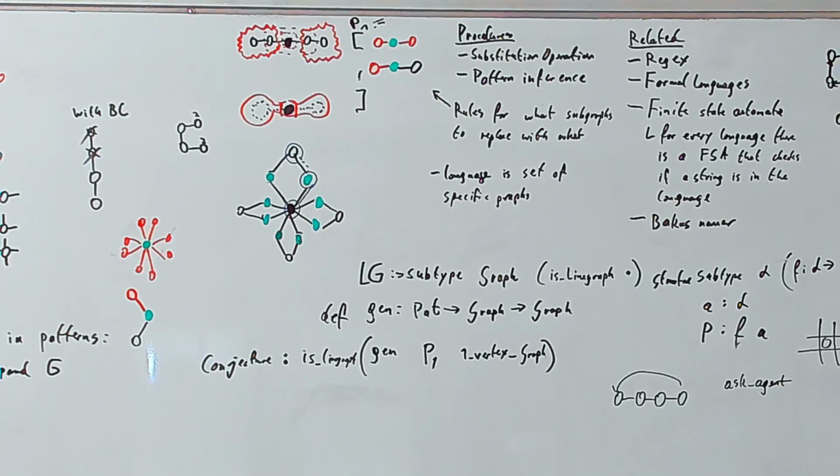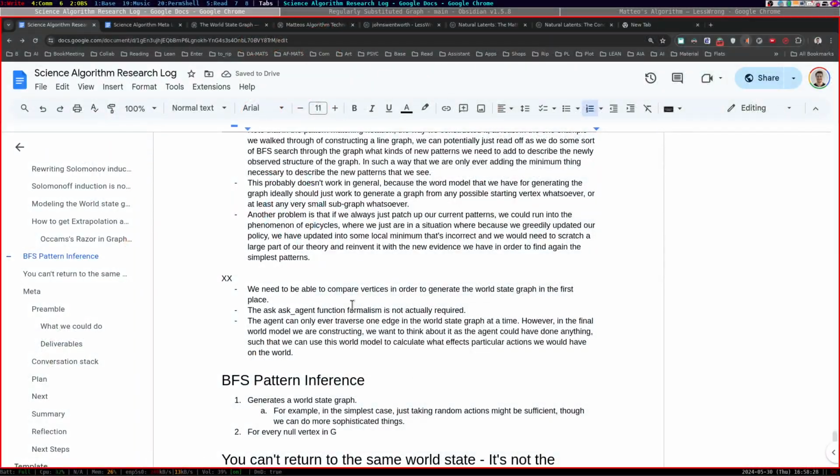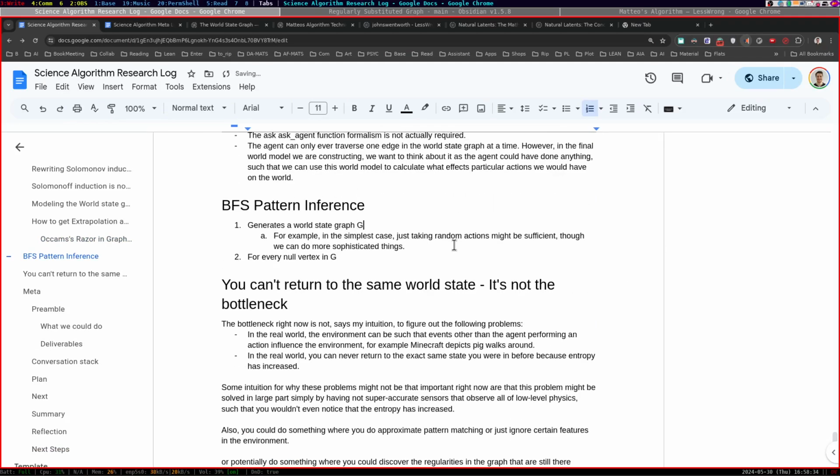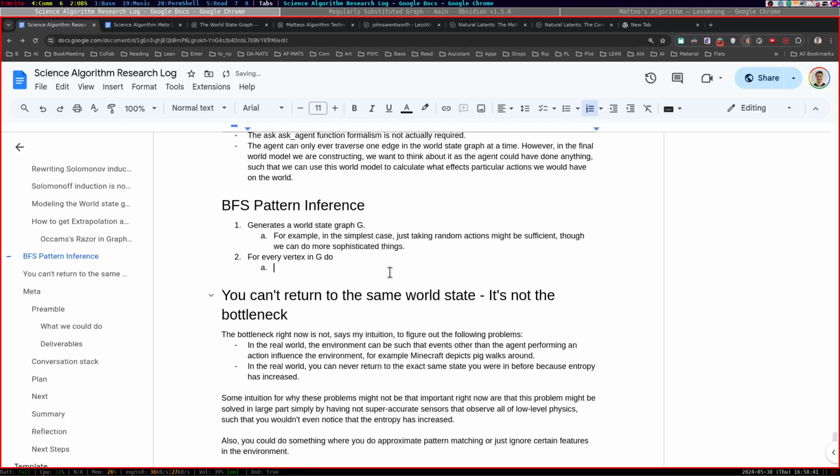Well, how about this procedure? For every vertex in the graph G, I think you also have to know which vertices are partial nodes and which are already complete. Yeah, we blacklist. We only match once. Okay, but for every vertex we do a BFS search, and then check what.